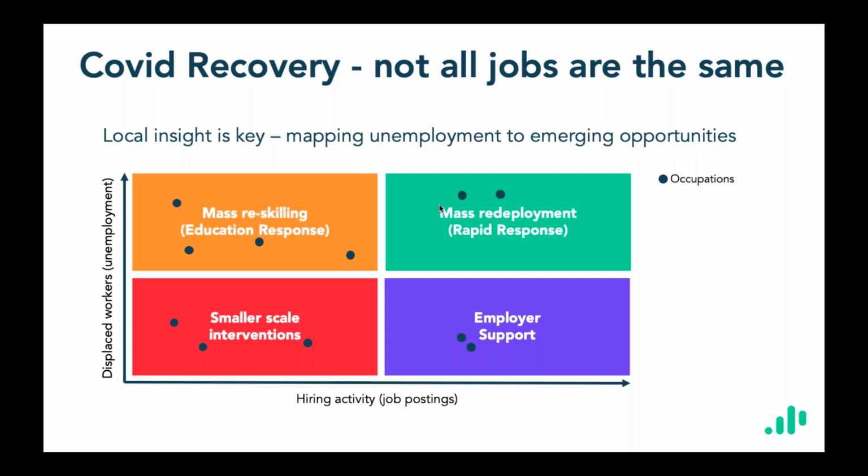Which leaves the final quadrant, which is jobs where there's a high and increasing level of worker displacement, so increasing unemployment, but not particularly high or increasing employee demand for those jobs, right? So this is where we need a reskilling solution.